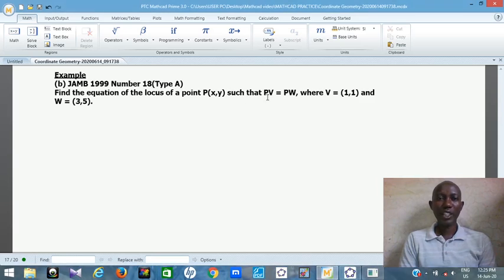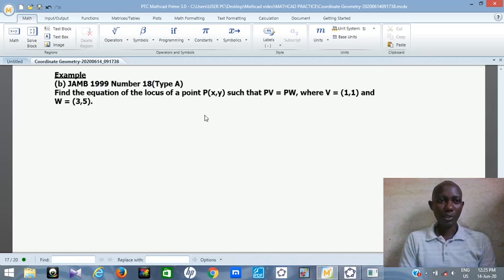So the distance between P and V is equal to the distance between P and W. That's what they are talking about. And how do you solve this question? Remember, the question says find the equation of the locus. So that locus that will be formed is a line. Take note of that. The locus is not just a point, but a line. So how do you get the equation of this locus?